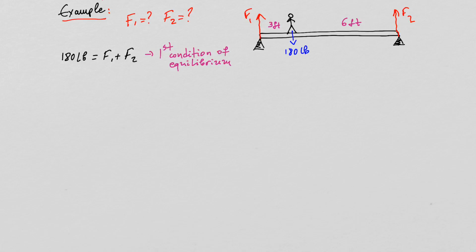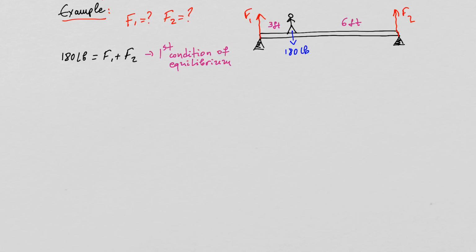So how do I apply that? Well, first of all, I must select a point of rotation here. And I can do that selection in any way I want, but the smart selection would be to select a point of rotation at a point where a force is acting. So when that happens, this particular force will have no torque with respect to that point of rotation.